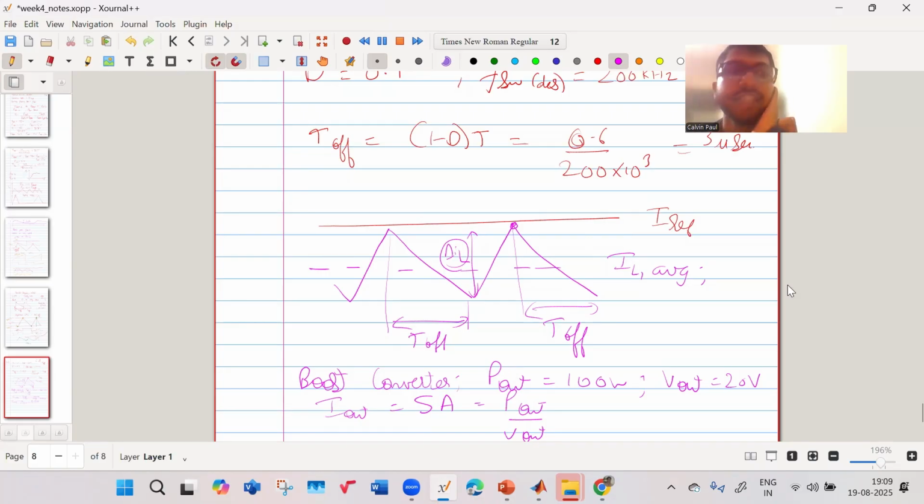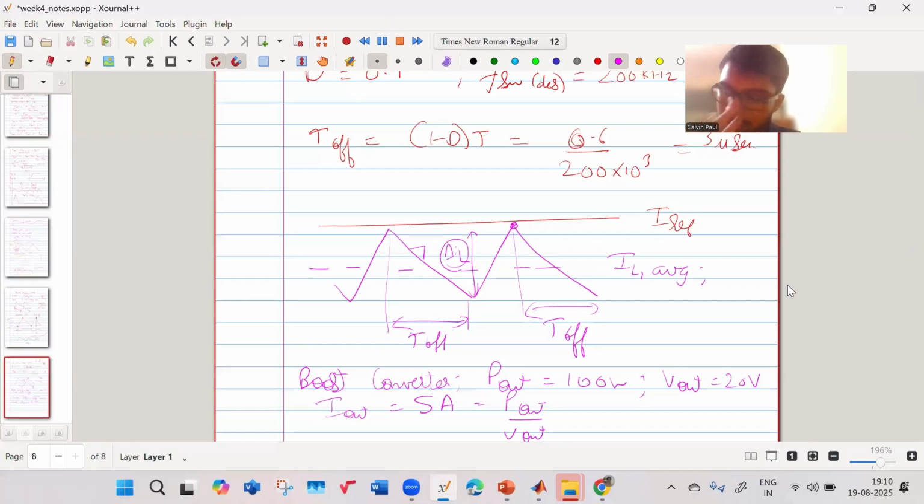How will I find out delta IL? So delta IL is given by the slope. Okay, so what is the falling slope?